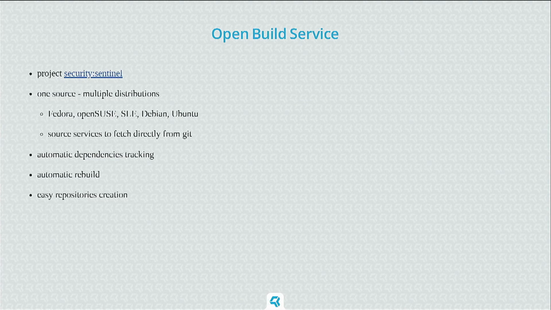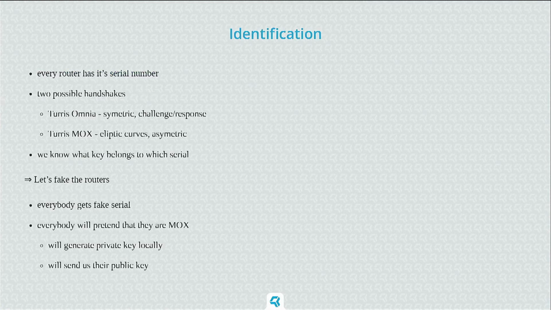It's easy to solve technical problems. There are tools for that. The harder problem is to figure out how to identify people, because what we do currently is every one of our routers has its own serial number, and it has some key that is available on every router.